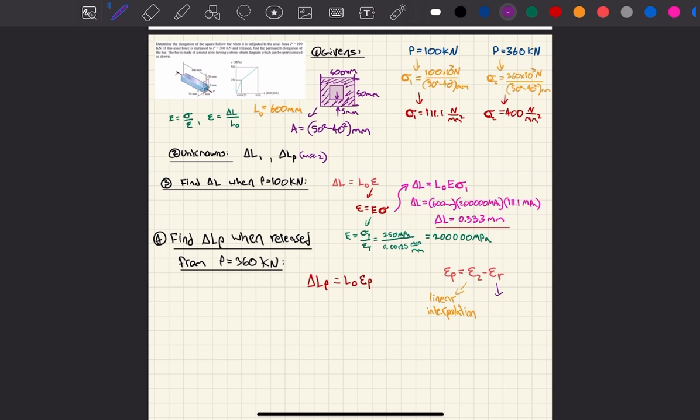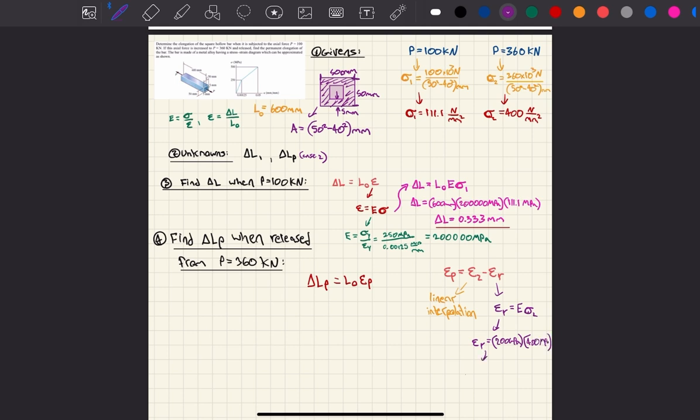Well, since I'm modeling it as elastic, I can say that the recovery strain is equal to, similarly like right here, sigma 2 divided by the elastic modulus. I can quickly calculate this. So the elastic strain is equal to 400 megapascals divided by 200 gigapascals. I'll convert the units later, I don't have space.